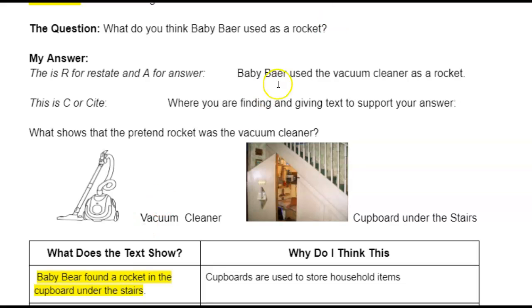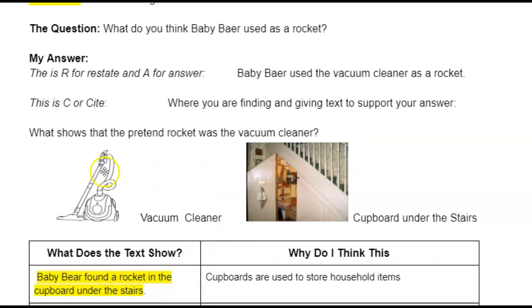Because the word in the question matches the word that's also in the text, I'm going to identify this as possible information. So I'm going to take this and write this down in my chart. So here I put Baby Bear found a rocket in the cupboard under the stairs.